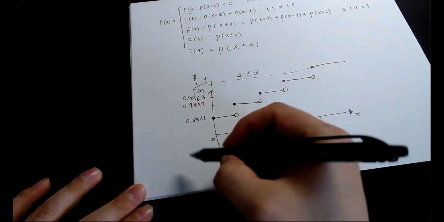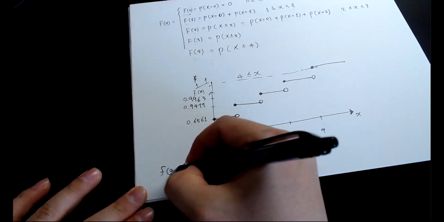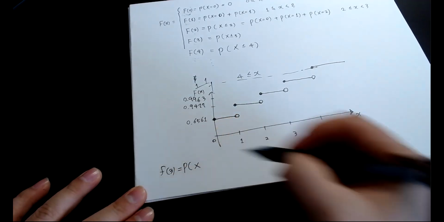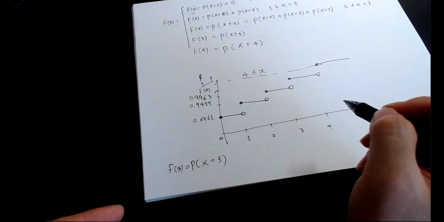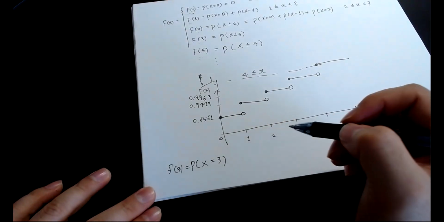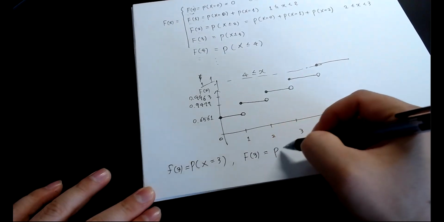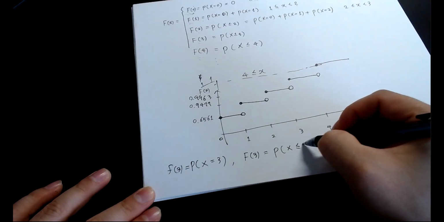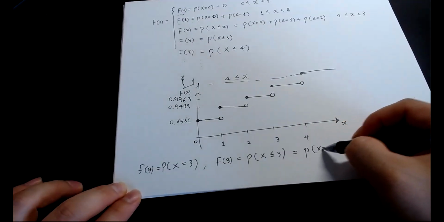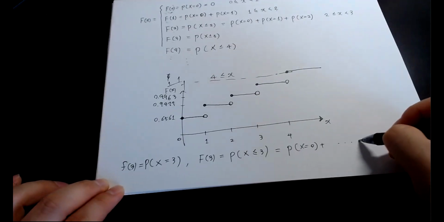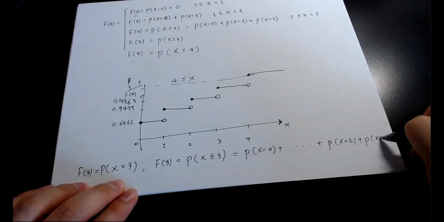So for example, think about this. I want to figure out the probability that X equals 3, the PMF f of 3. So how can you use the CDF to figure out the PMF? So let's figure out this one, F of 3. F of 3 is the probability that X is less than or equal to 3, right? That is equal to the probability that X equals 0 through the probability that X equals 2 plus the probability that X equals 3, right?